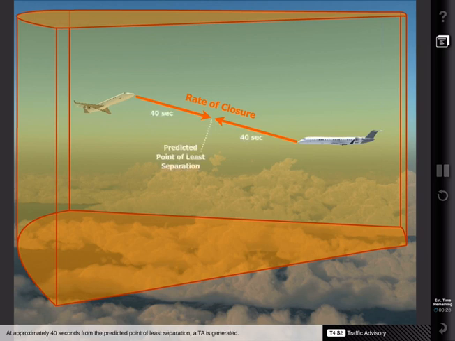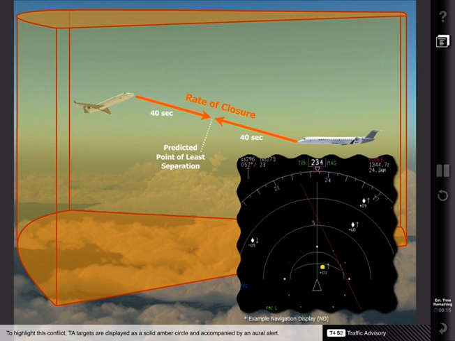At approximately 40 seconds from the predicted point of least separation, a TA is generated. To highlight this conflict, TA targets are displayed as a solid amber circle and accompanied by an aural alert. "Traffic, traffic." This alert sounds once and is then reset.